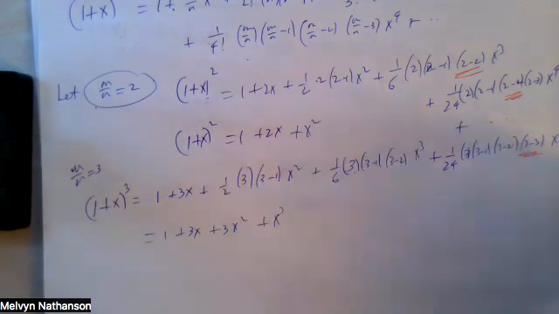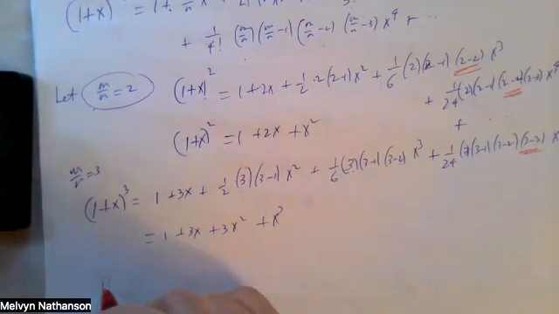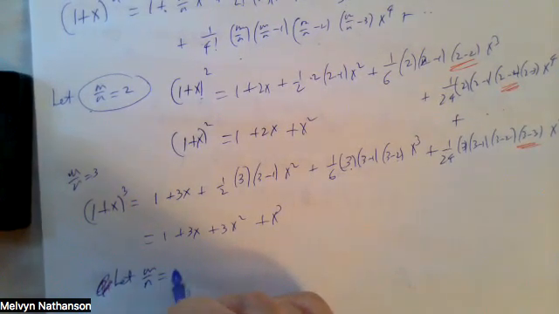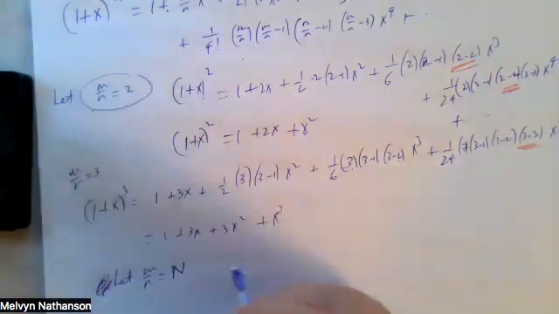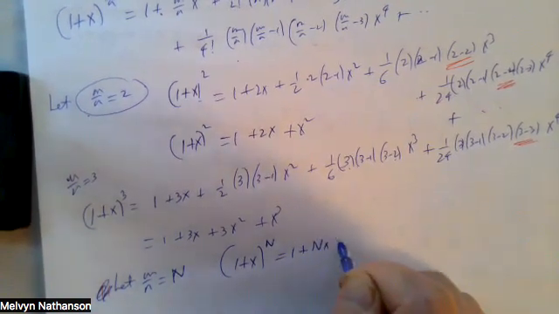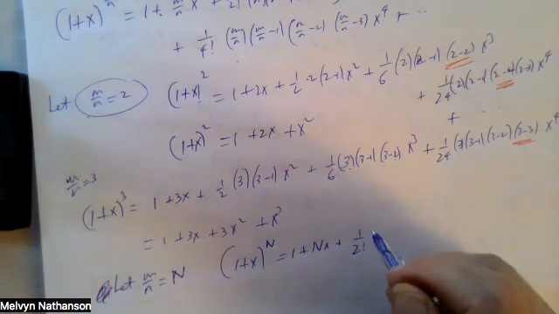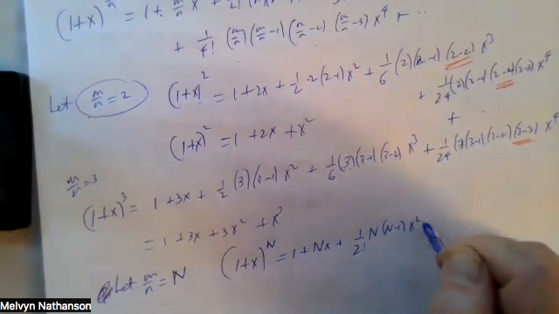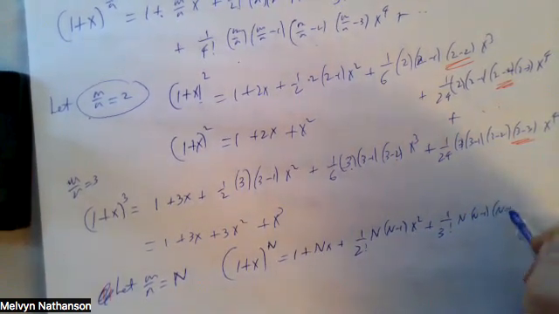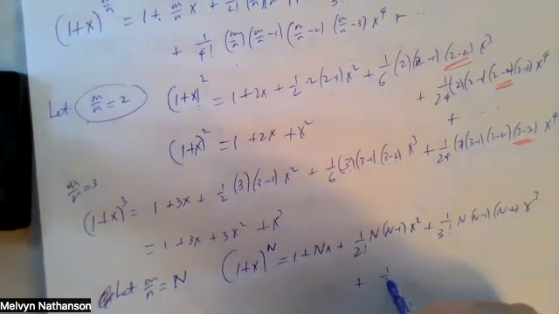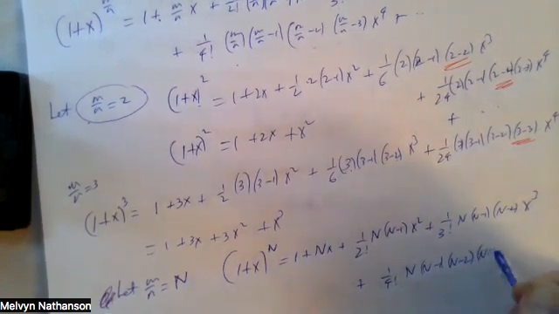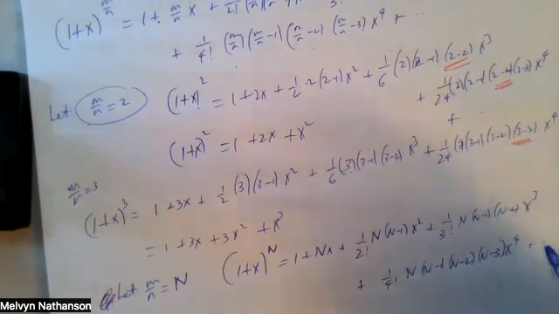In fact, if I let m over n be an integer, capital N, this formula tells us that (1 + x) to the n is 1 plus nx plus 1 over 2 factorial n times (n minus 1) x squared plus 1 over 3 factorial n (n minus 1)(n minus 2) x cubed plus 1 over 4 factorial n (n minus 1)(n minus 2)(n minus 3) x to the fourth and so forth.